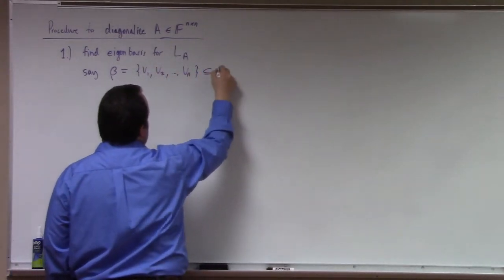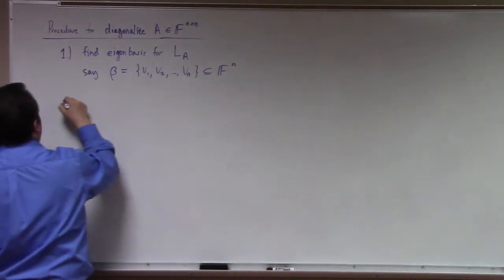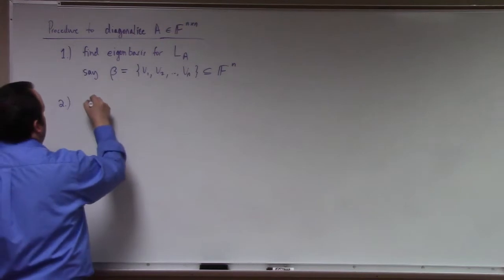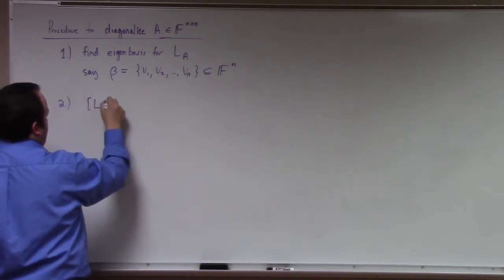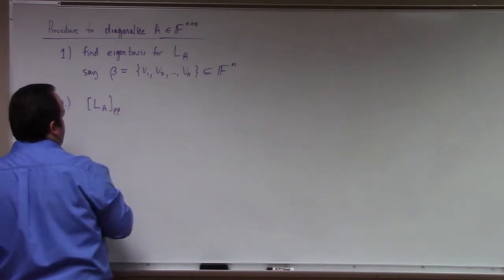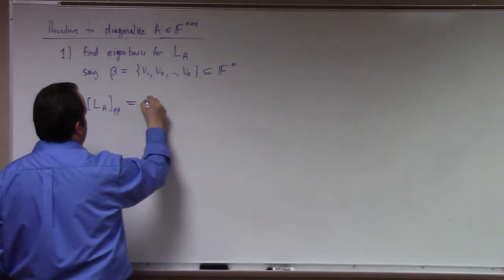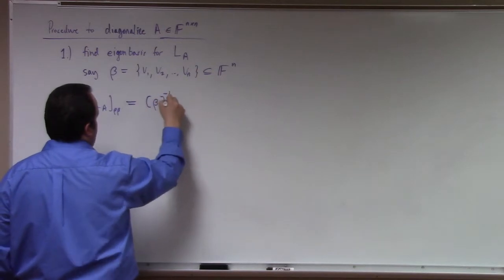This is a subset of F^n in this context. Step number two is you look at the matrix. What is the matrix of L sub A with respect to the beta basis? By our coordinate change discussion, that's the beta inverse matrix.